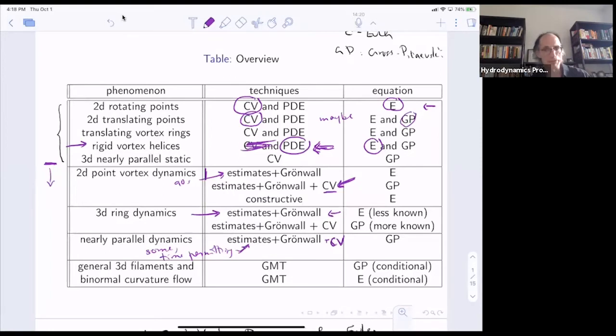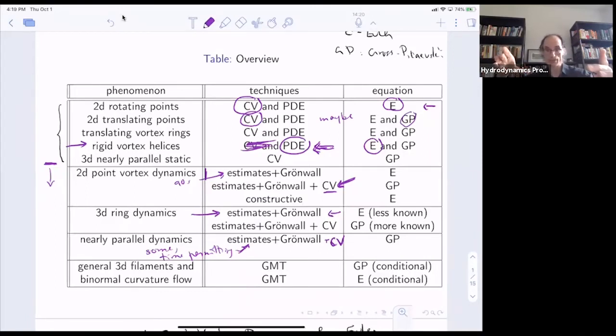And then finally, the most general question is: suppose we have vorticity concentrated in 3D. Actually, not quite the most general, but the most general for the purposes of this class: suppose we have vorticity concentrated around a nice smooth curve in R3, and I solve one of my equations, or Gross-Pitaevskii.